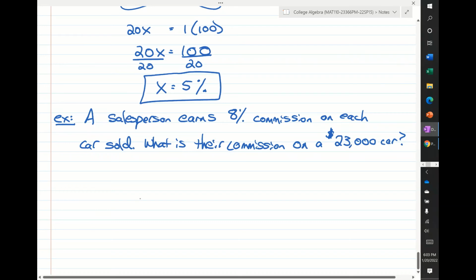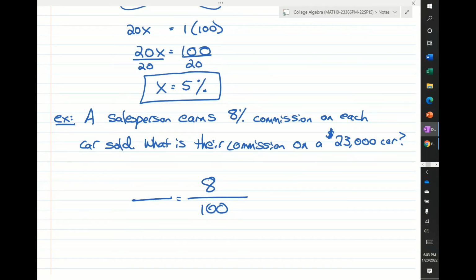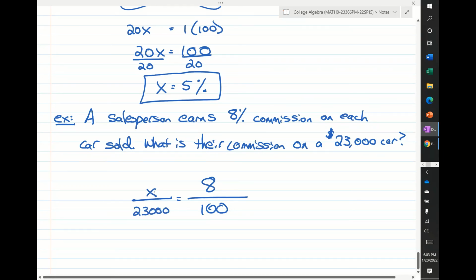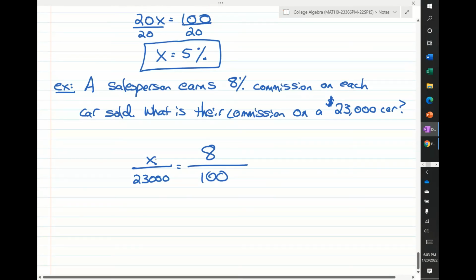We'll set it up the same way. We have 8% commission. We're trying to find out what they make from a $23,000 car. So the whole part would be what? 23,000. Under X, yep. What we could do to finish this is just multiply X times 100, 8 times 23,000.